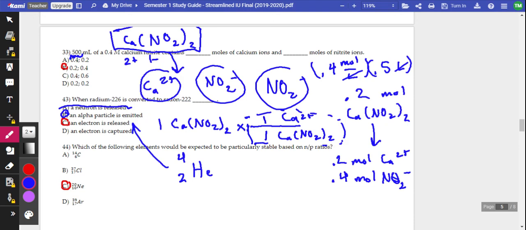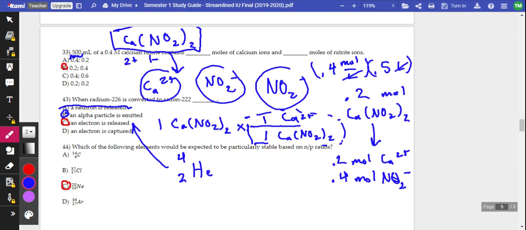And finally, which of the following elements would be expected to be particularly stable based on neutron to proton ratios? Typically for smaller atoms, which means not something with an atomic number of 40 plus. After an atomic number of 40, we start to get to a point where we have more neutrons than protons.